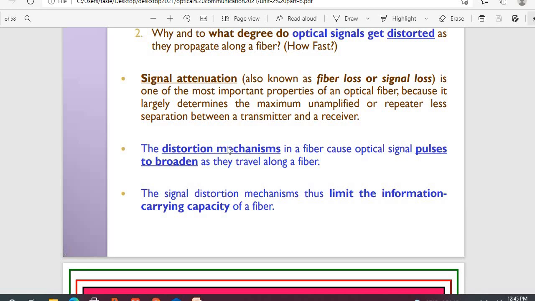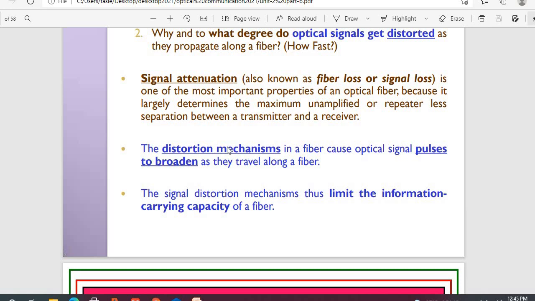One of the most important properties of an optical fiber is that it largely determines the maximum unamplified or repeaterless separation between a transmitter and a receiver. Between the transmitter and the receiver, we get mechanisms for the signal to get distorted.